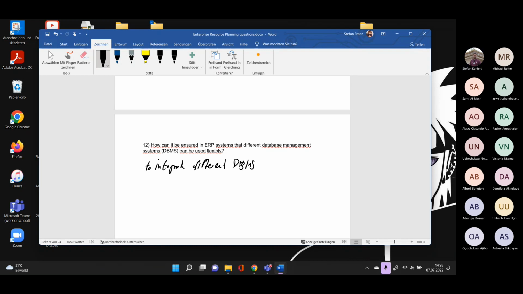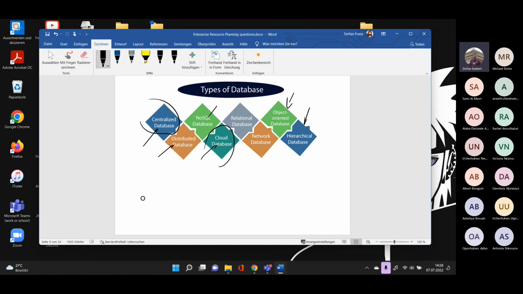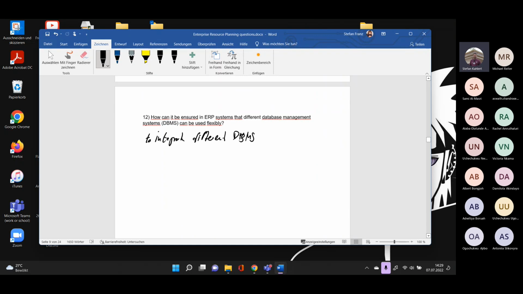So if a client has more than one kind of database, let's say it's cloud and an own centralized one, then the question is, how can you bring the information of both together? And this has also something to do with integration. I have to admit, it's very difficult.